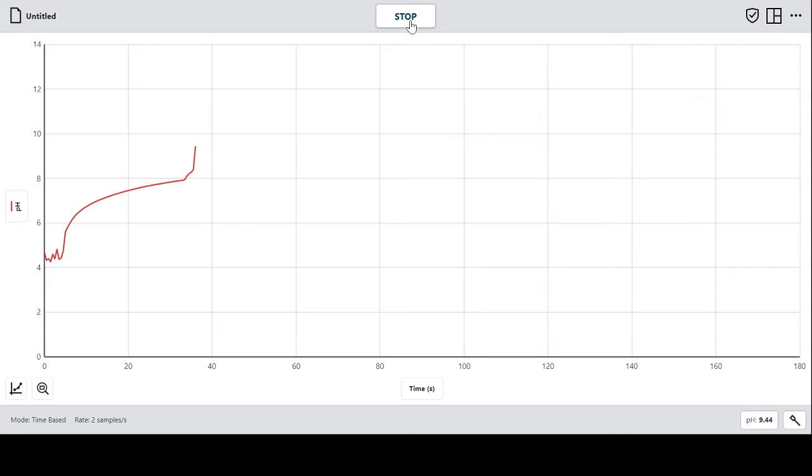Okay, let's rinse off our probe again. And now we're into the CO2 water, which was in the 4s, about 4.5, 4.6, something like that to begin with. And you have the same sort of effect. It's jumped, it's kind of creeping down, but it's jumped about twofold on the pH scale, right?